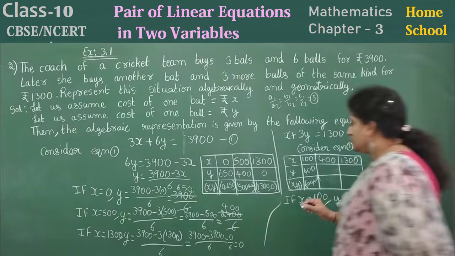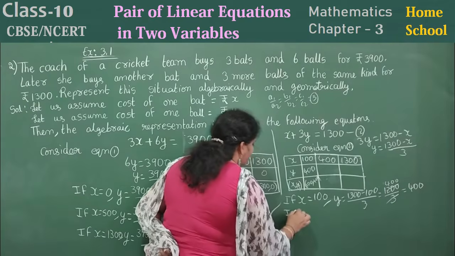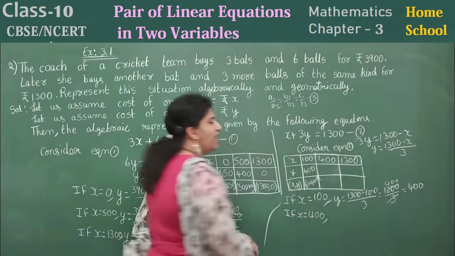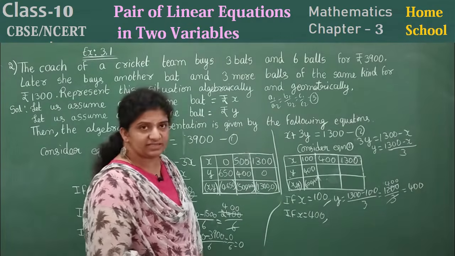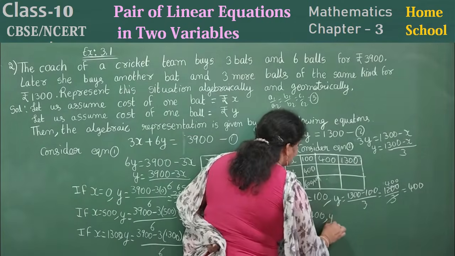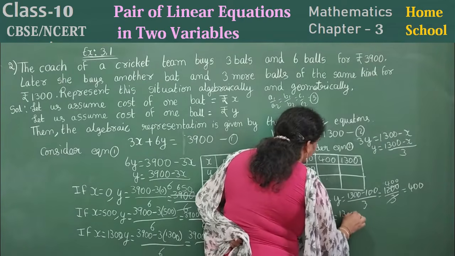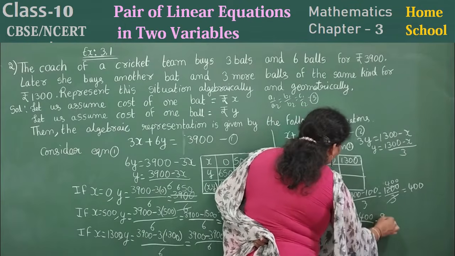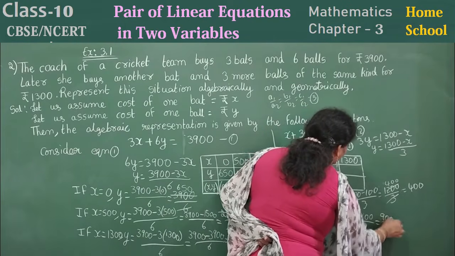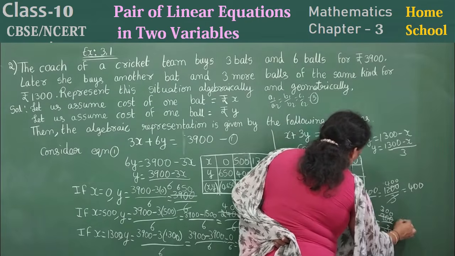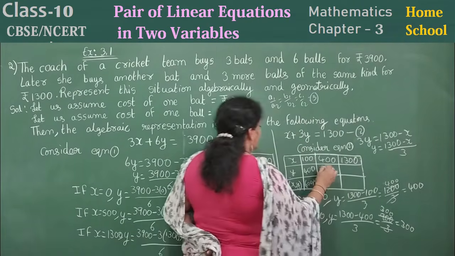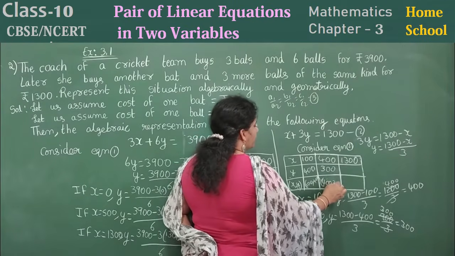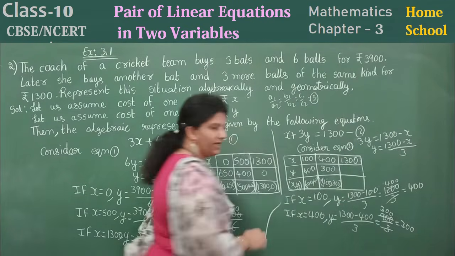Next one. What is your next coordinate? If x is equal to 400, what happens, children? Y is equal to 1300 minus 400. 1300 minus 400 will be 900 by 3. That will be 300 is your answer. So now, if x is equal to 400, y is equal to 300, 400 comma 300 is your coordinate.